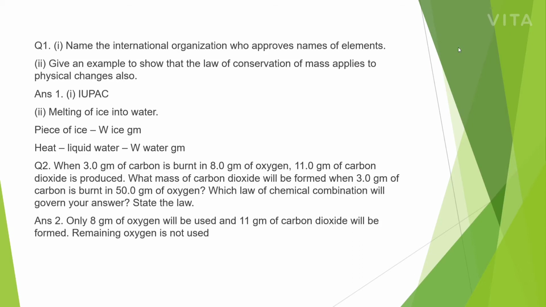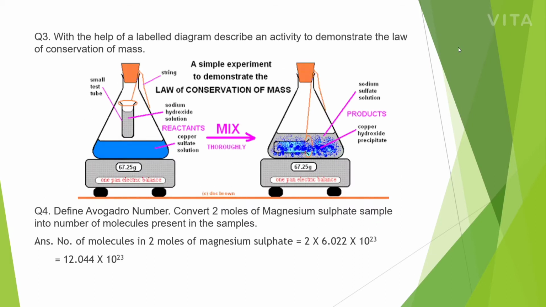Now the next question is, with the help of a labelled diagram, describe an activity to demonstrate the law of conservation of mass. So here the diagram is given. Now we have to take a conical flask.